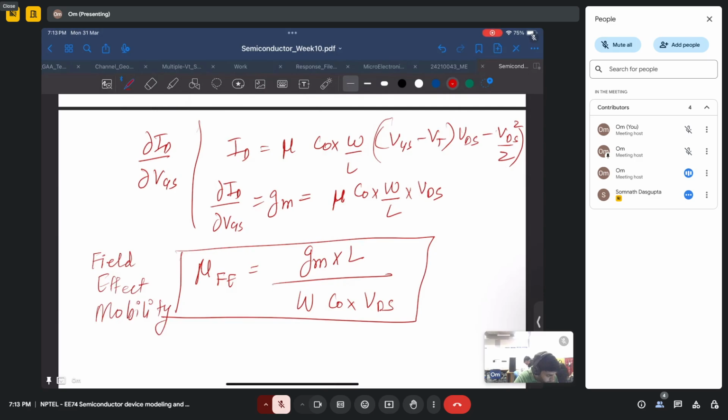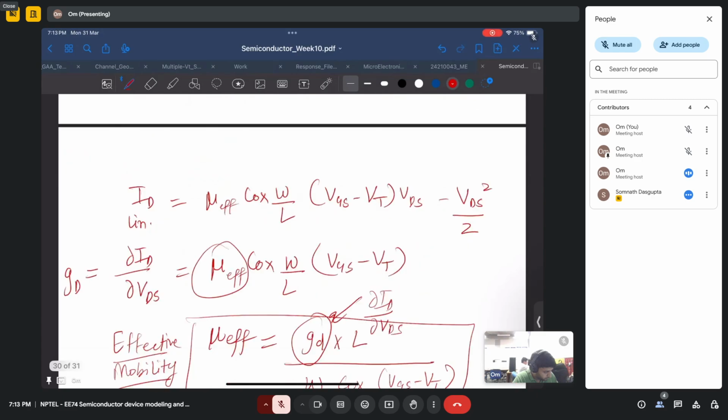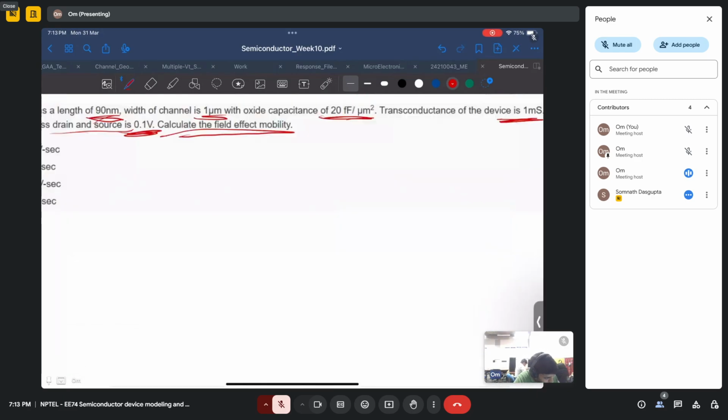So this is what we have to calculate in this question. We have to find mu Fe equals Gm, the transconductance, into L, the gate length, divided by W Cox VDS.